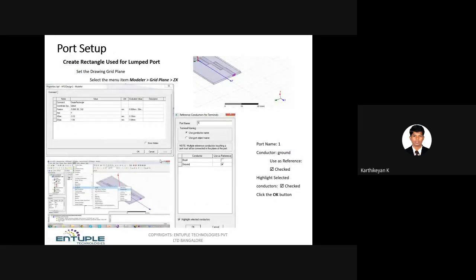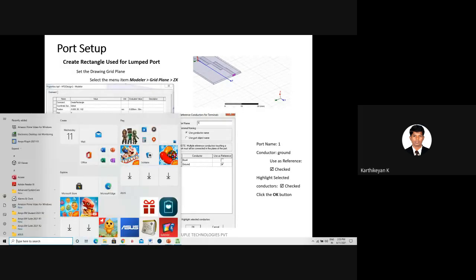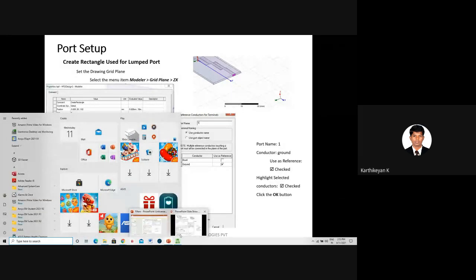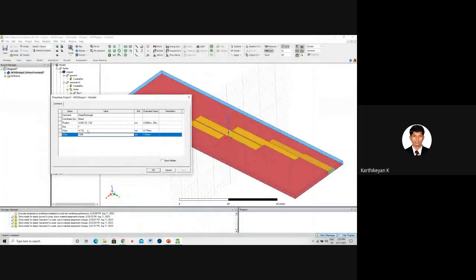-3.12. Okay, so it is -3.12. So this width of the port is same as the resonator's width. The resonator 3 width is same as the port width. That is X size. So it is -3.12.